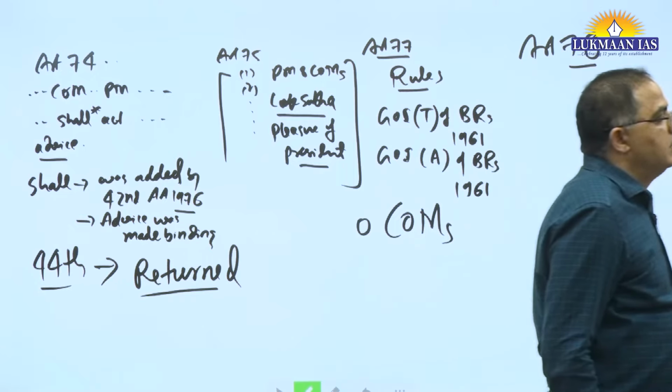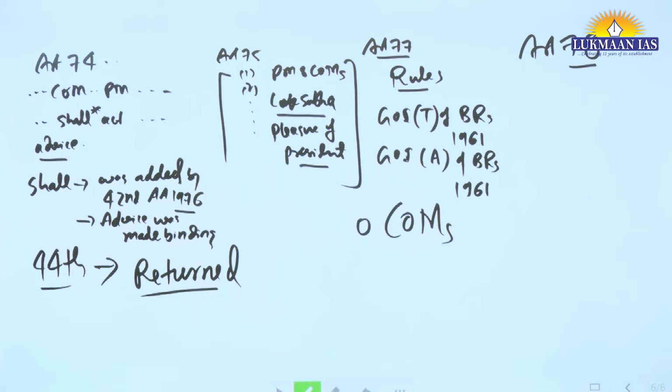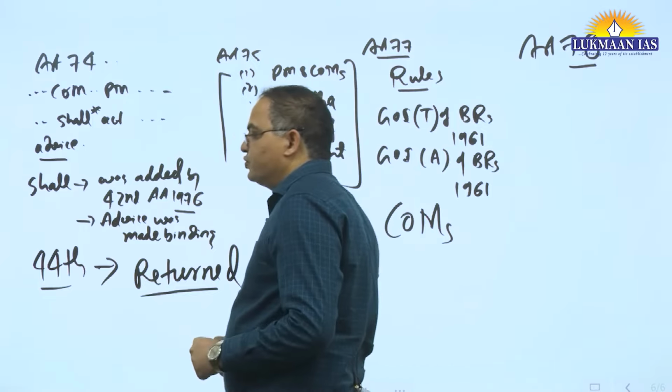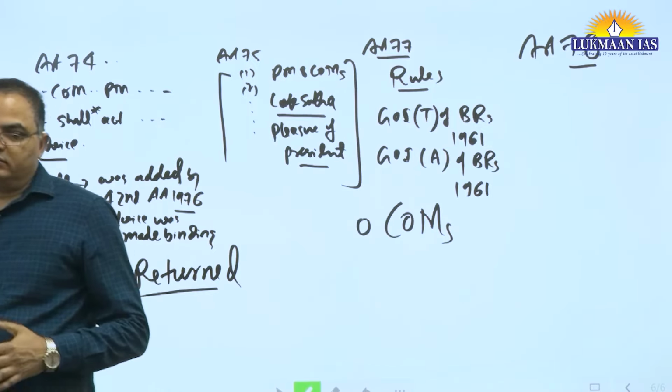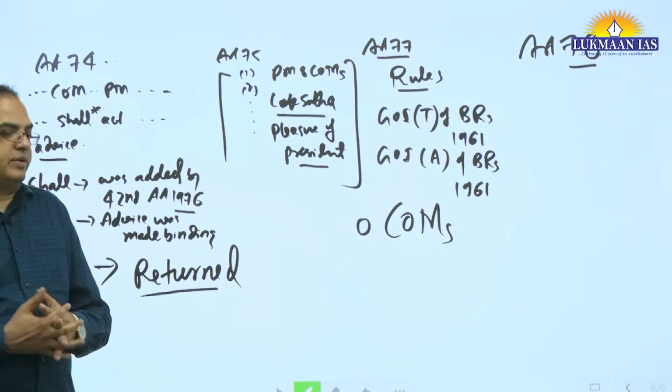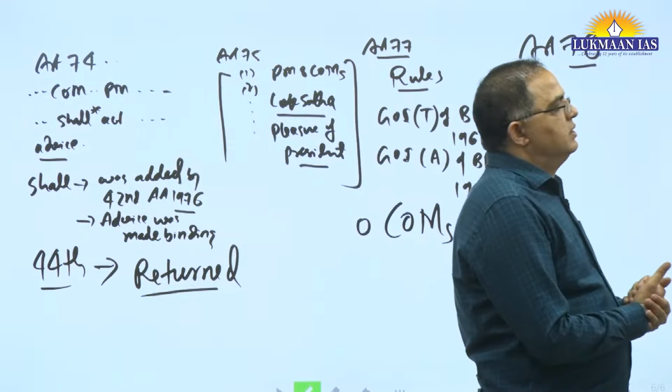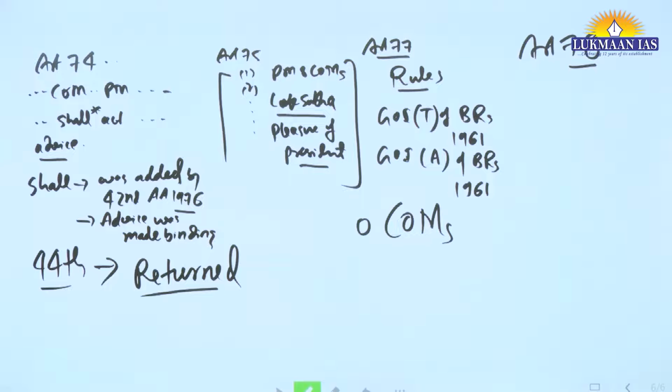Second, he can return the advice once for reconsideration. Next, he is not supposed to work as a rubber stamp.